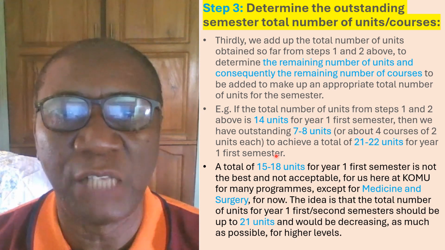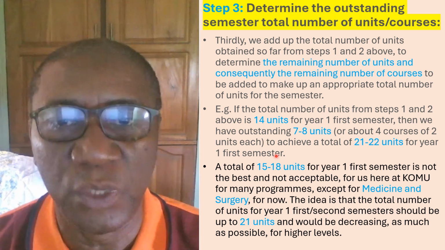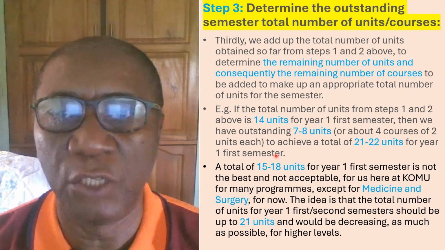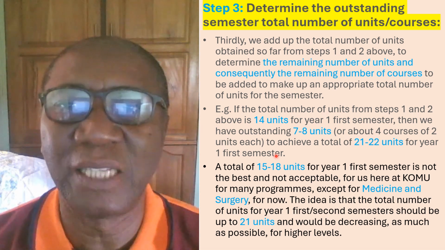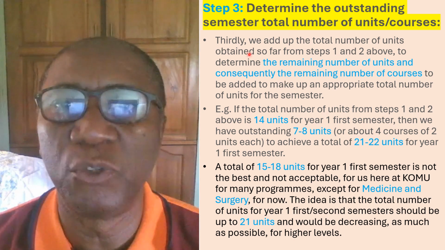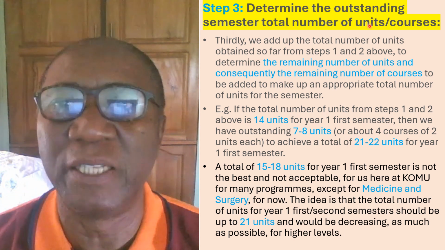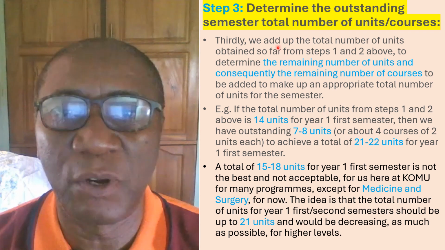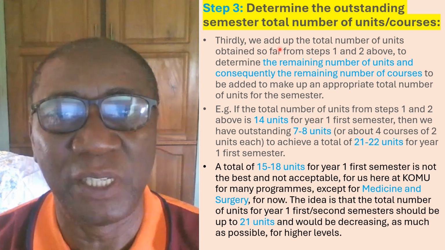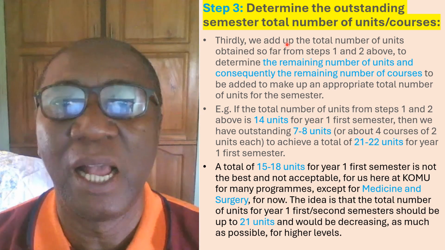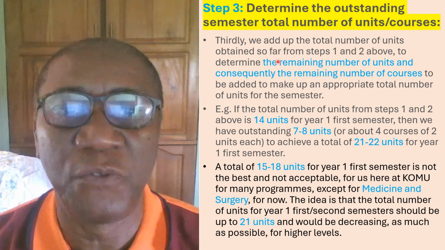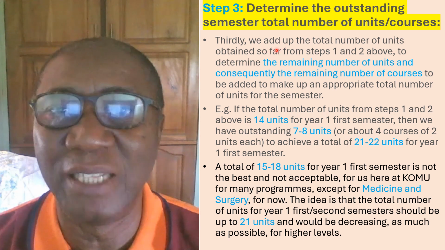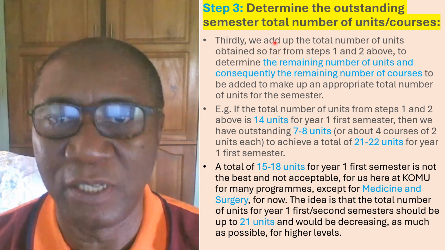And of course, as you now progress, as they go to year 2, year 3, year 4, the total number of units per semester may now begin to reduce. So that is step 3. For you to be able to implement step 3, which is to determine the outstanding courses, you have to add the total number of units you've obtained from the 70% compulsory CCMAS and the total number of units you've obtained from the compulsory 30% GST courses.